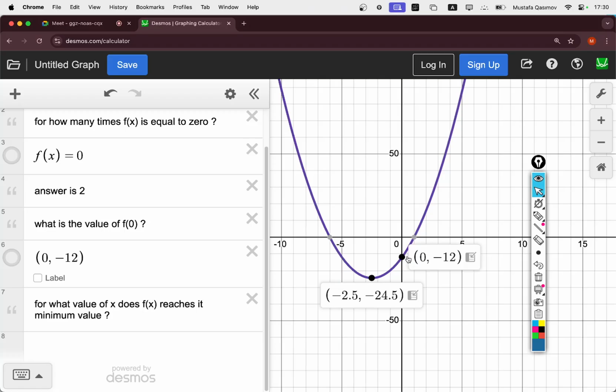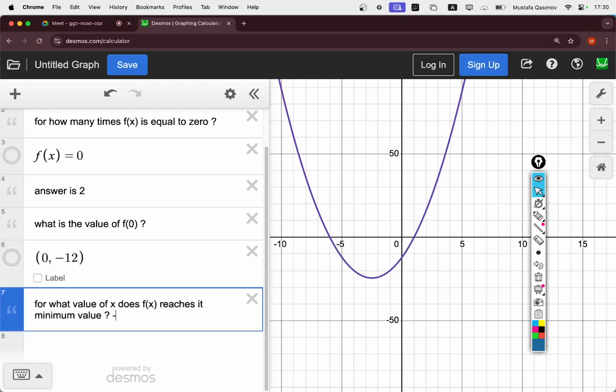What's your opinion? Negative 2.5. So the answer is negative 2.5 because you have to look only at x. Right, negative 2.5.